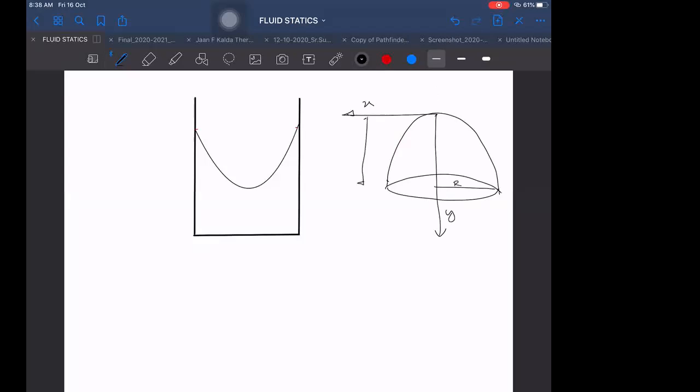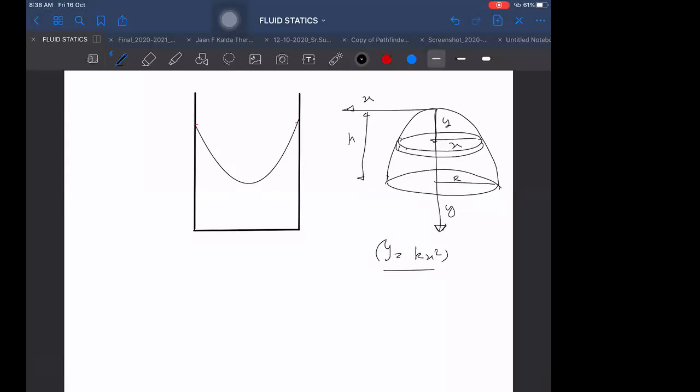At a depth y, if I take a small element, what is the volume of this element? This is x distance. First of all, y is equal to k x square, right? Yes, this kind of parabola shape.